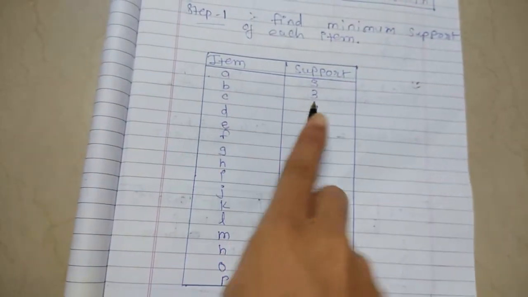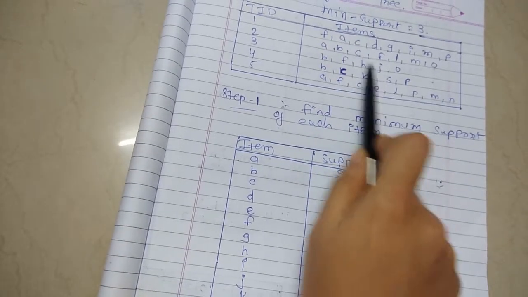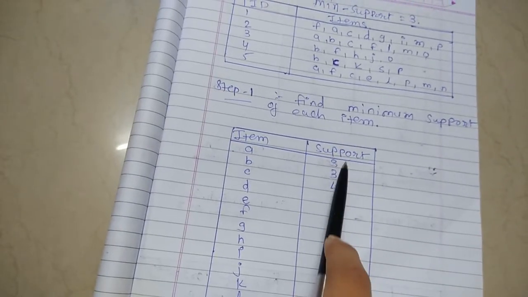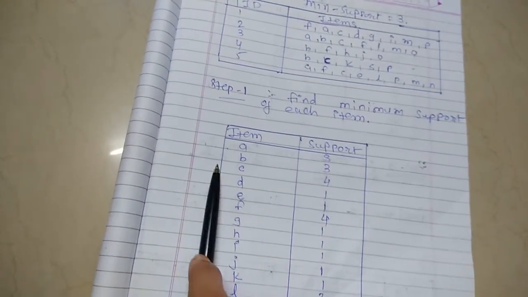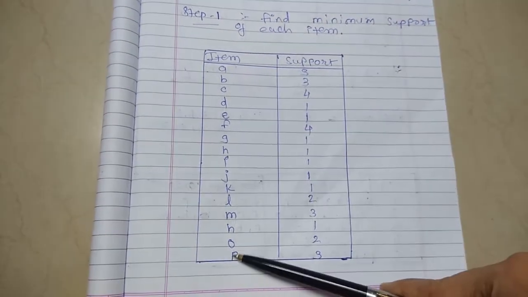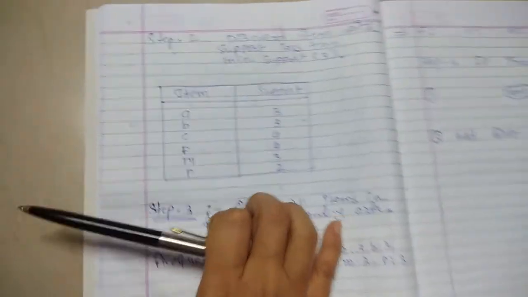To find the support of each item, we'll just count the repetition of each item, and that repetition becomes the support. Here it is repeated 3 times in the transaction, that is why the support is 3. Similarly, we'll count the support for each and every item. So this is the first step, and step 2 is also the same as the Apriori algorithm.